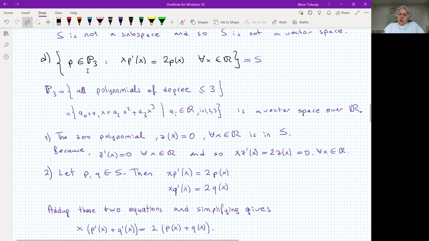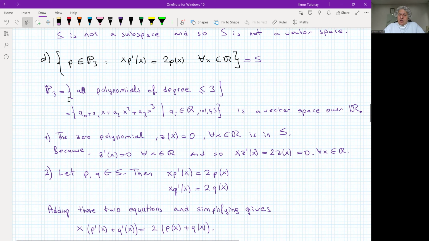So this is the set of the polynomials satisfying this condition. Now, let's remind ourselves what P3 was. P3 were all polynomials of degree smaller than or equal to 3. We know that this is a vector space over the real numbers, and this is a well-known vector space, we've studied it a lot last year.